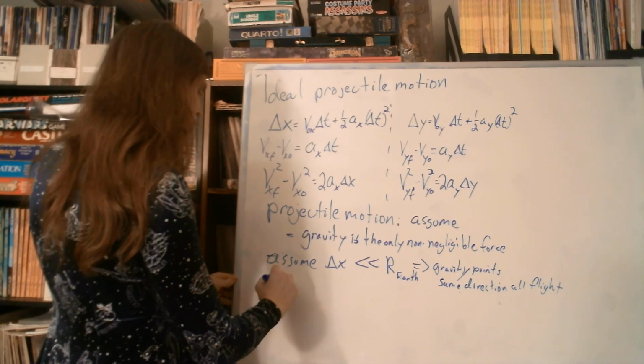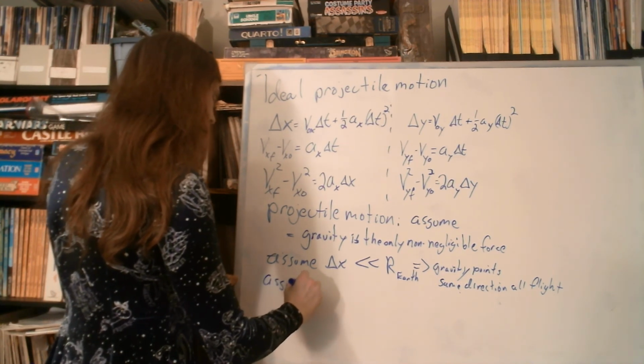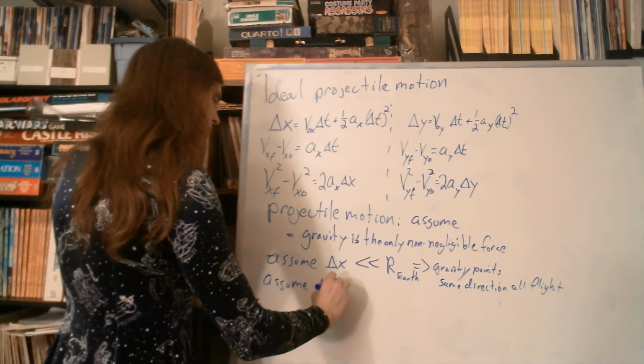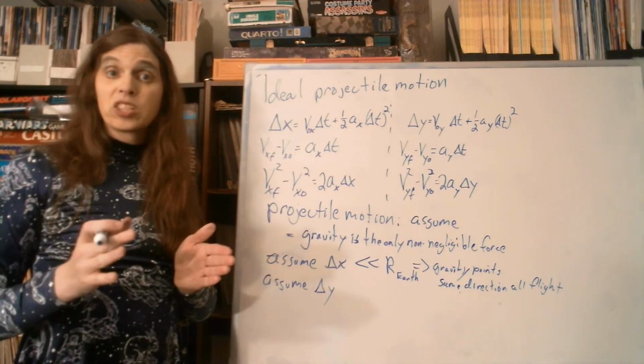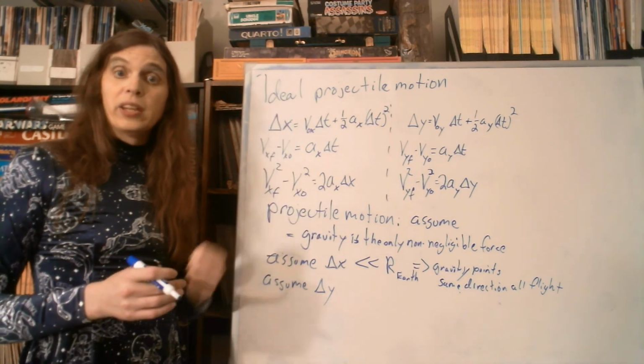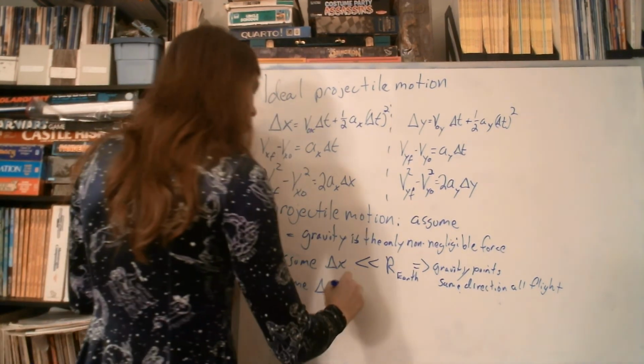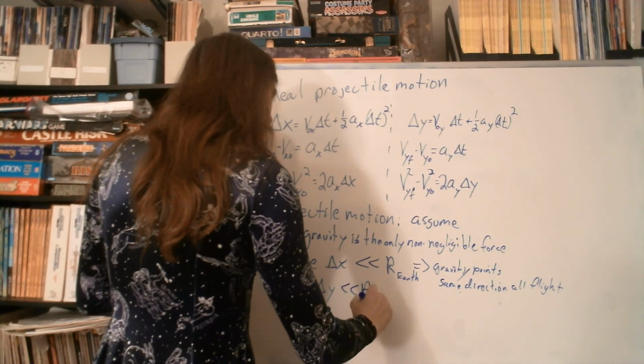We're also going to assume that the maximum height, the vertical range, is also a lot smaller than the radius of the Earth.